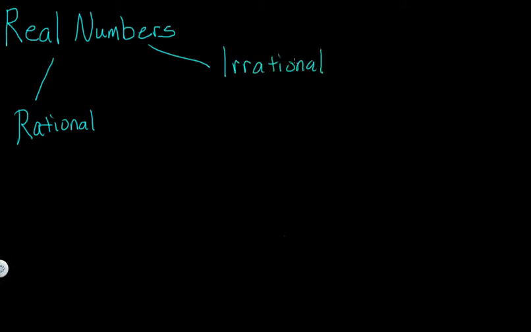All right. And the key phrase that we hone in on with the words rational and irrational is the word ratio, or the prefix ratio. So we see ratio, rational and irrational. The difference between a rational and an irrational number is that rational numbers can be created by finding the ratio of two integers.